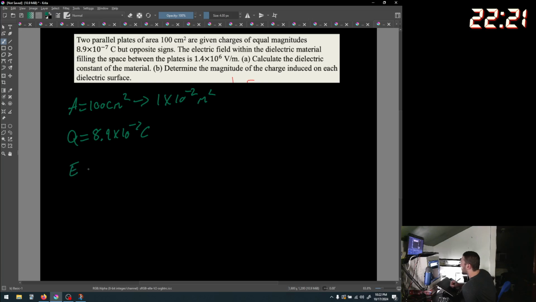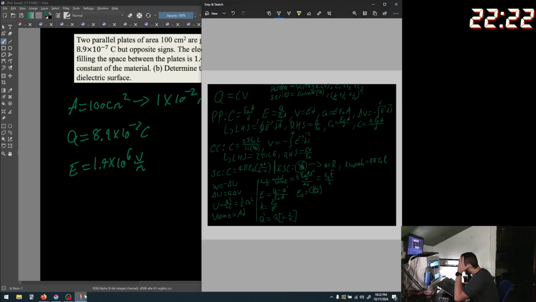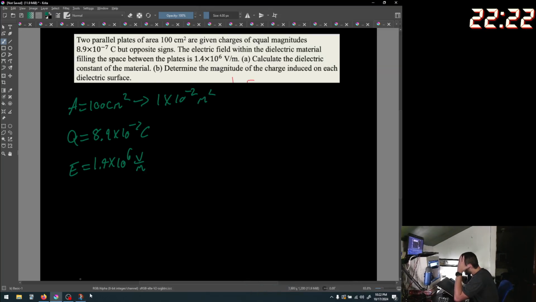I'm assuming that's going to be E, 1.4 times 10 to the 6 V/m. Now let's calculate K. So E0 equals epsilon 0, no, Q over epsilon 0 A.